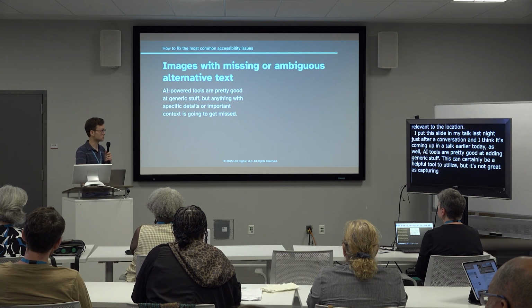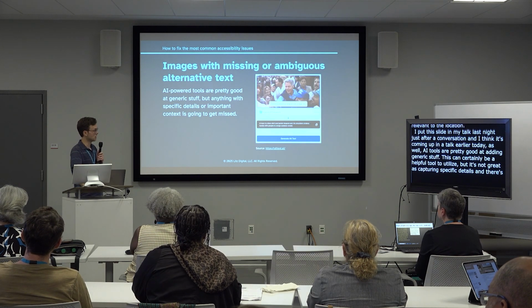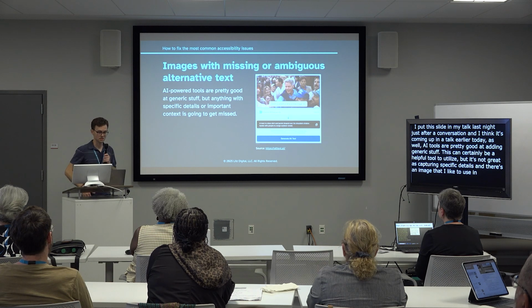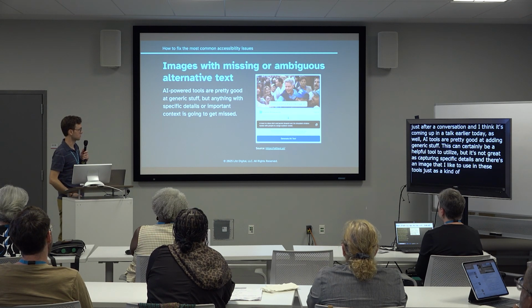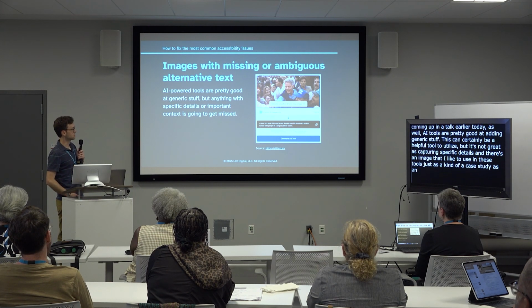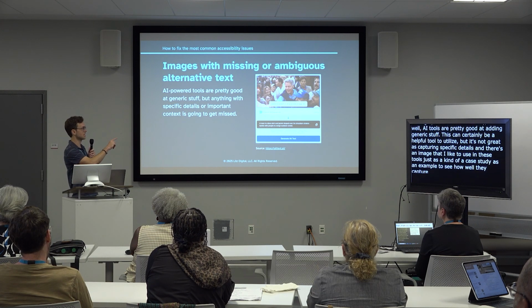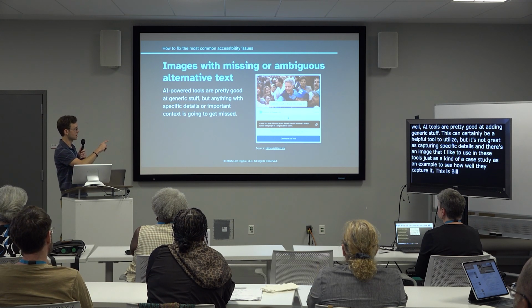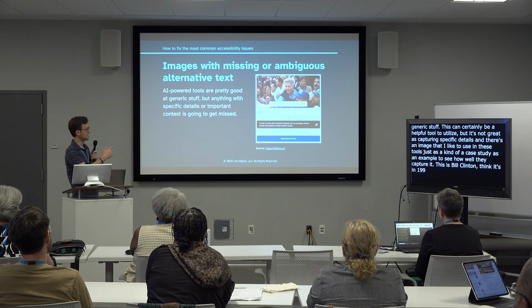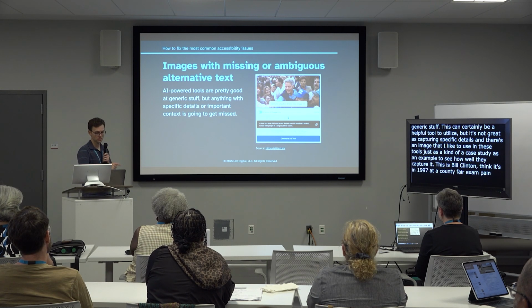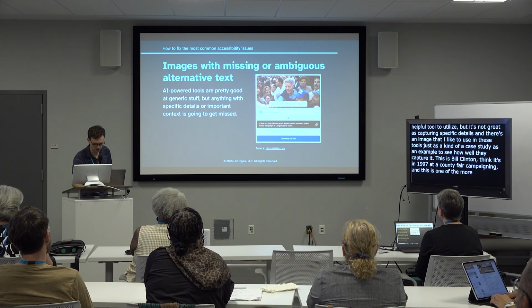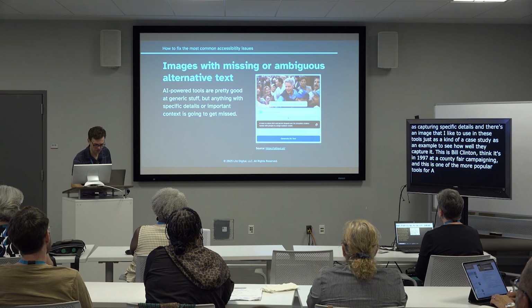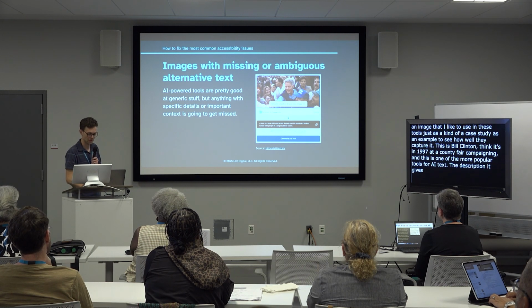And there's an image that I like to use in these tools just as a case study and as an example to see how well they capture it. This is Bill Clinton. I think it's in 1997 at a county fair campaigning. And this is one of the more popular AI tools for alt text. The description that it gives here is "a man in a blue shirt and jacket draped over his shoulders shakes hands with people in a large outdoor crowd."